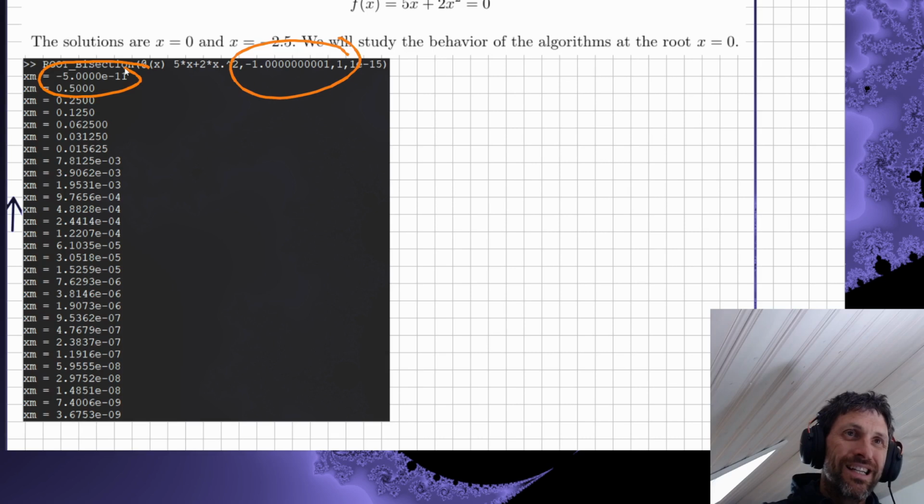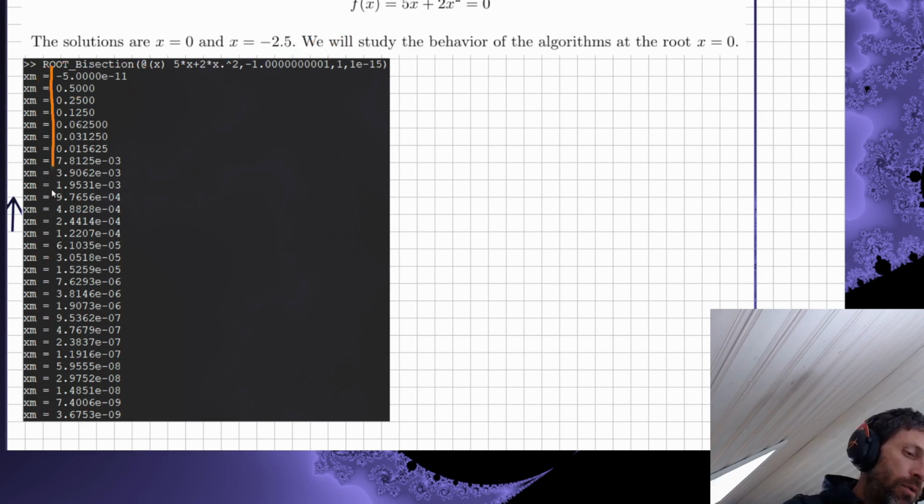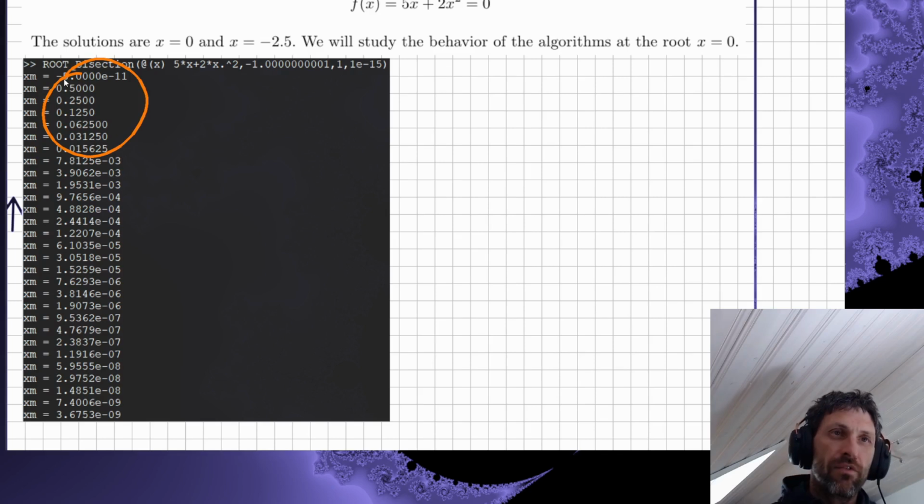And then we exchange one of them, A and B, depending on the sign. And the midpoint is running in that way. So you see what you see every time: this midpoint is half of the one before.